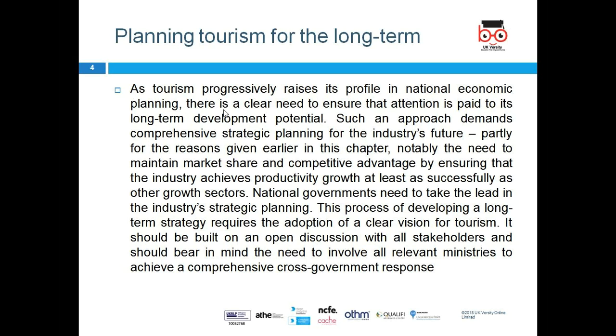Then productive growth, at least as successful as in other growth sectors: national government needs to take the lead in industry strategic planning, long-term planning, and developing a long-term strategy action plan. They need to give a clear vision, like 2020, the year of tourism, with a brand image.